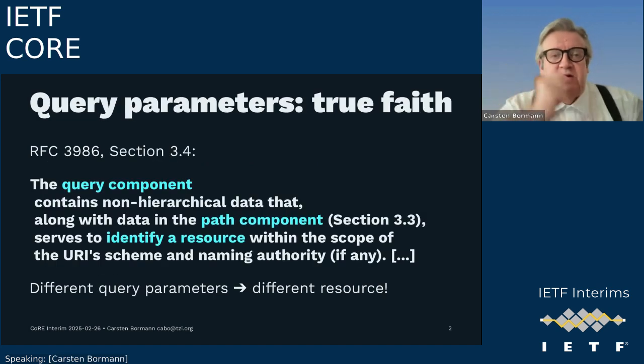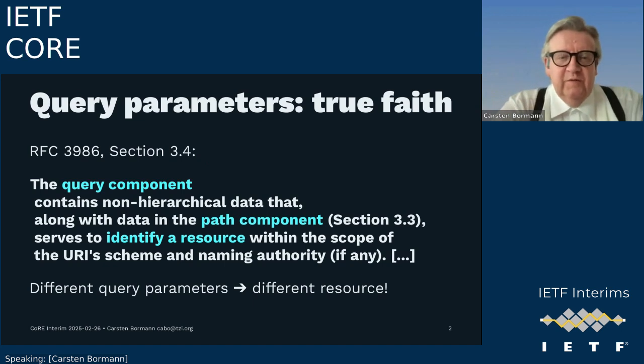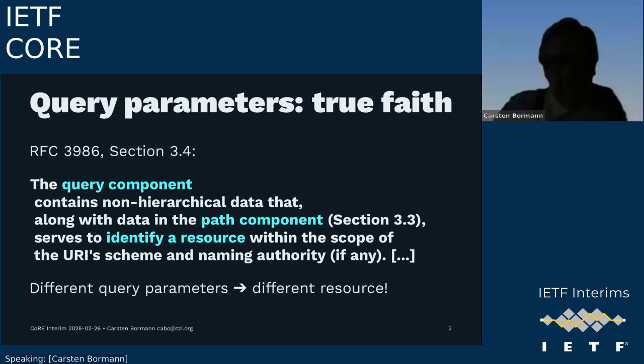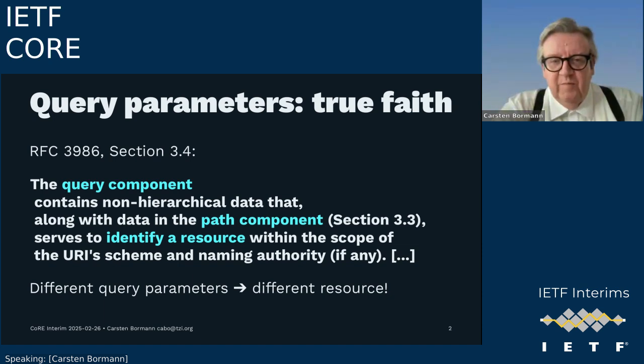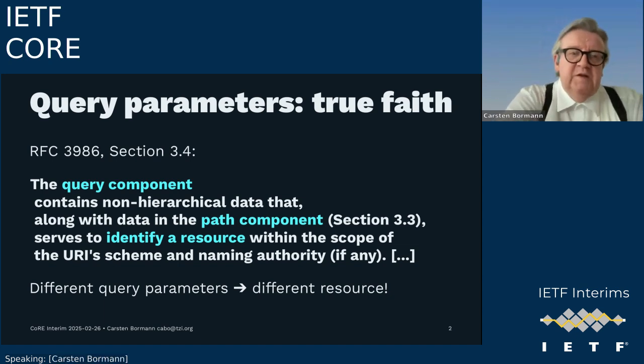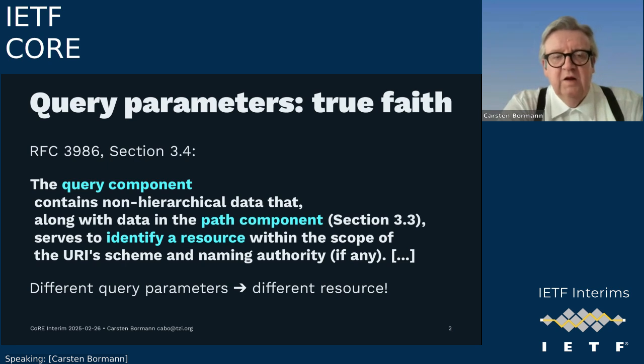The interesting question is, what role do these query components play in the entire URI? We are aware that fragment identifiers have a very special role because they only control local processing, so they are very different from other components. But RFC 3986 takes the position that query components and path components are essentially the same, except that one is non-hierarchical and the other is hierarchical.